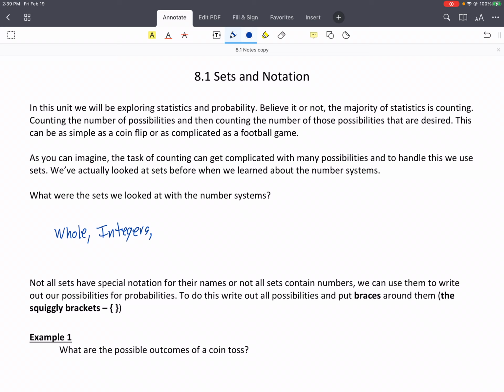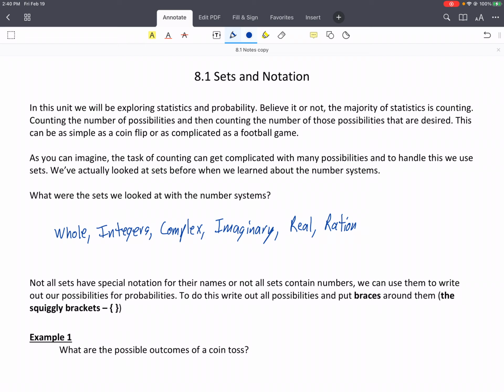We had our complex, we could start from the outside. Complex was every single number. Then you had imaginary, and then the real numbers. Then rational, or irrational.